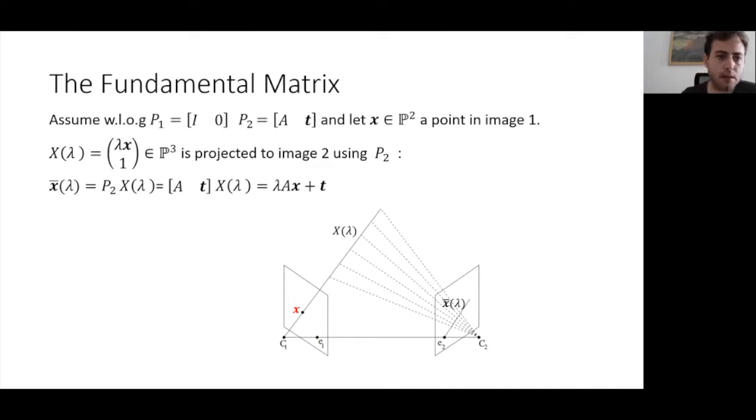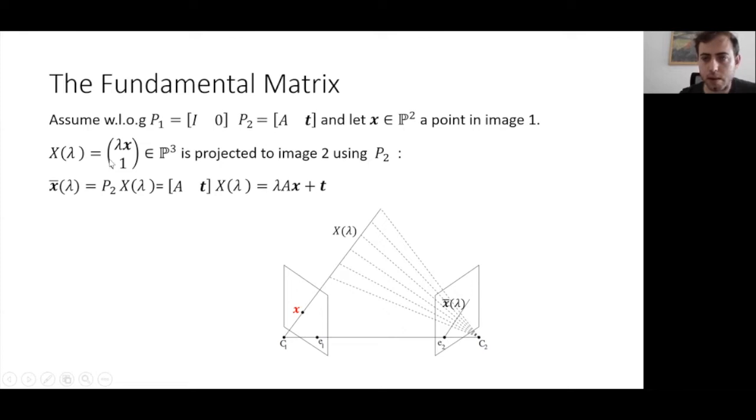If you just use lambda outside of this point, you just define one point, right? Because in P3 also points are defined up to scale, but I want to define a set of points that represent a line. So if I use lambda outside of this point, I will always define the same point.